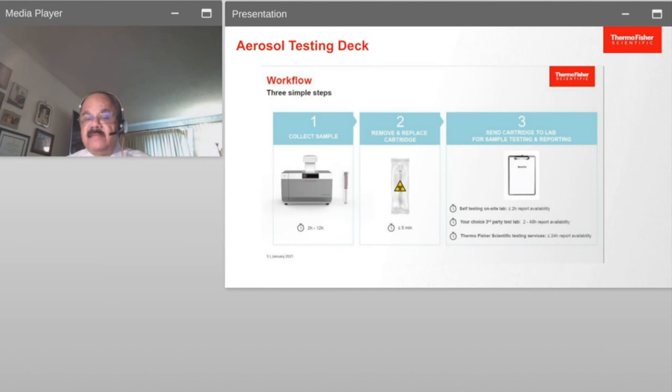You have to extract the material from the cartridge, which is a simple process, and it can go through all the workflows that I showed you earlier with a rapid testing or any other format you want, or sequencing, to get information. So the application for this is that if you have a hospital and you try to establish a COVID-free zone and you have another area that's harboring COVID patients, it's useful to have this system in certain areas to make sure that there's no COVID in circulation in the particular region of the hospital.